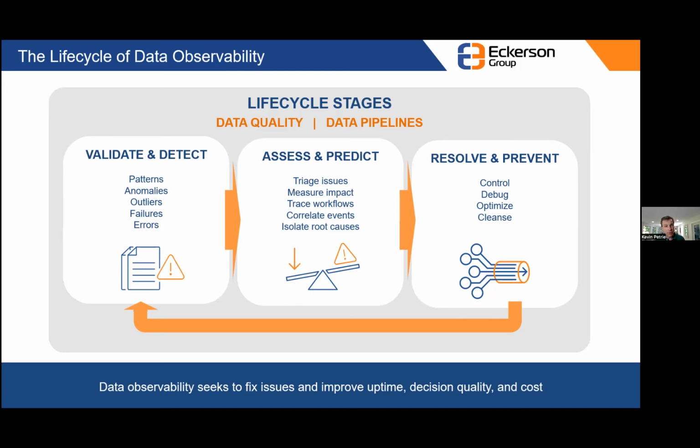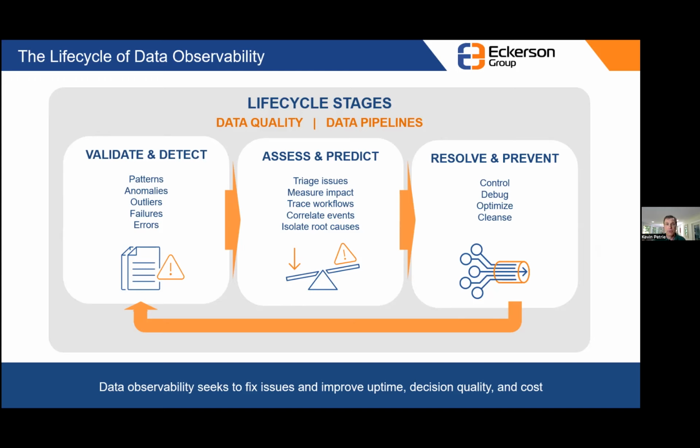They're also tracing workflows, so you can trace the chain of events that led up to an issue, starting to draw correlations between events that may or may not, on first blush, be related to one another. And through this, you can isolate root cause. So you can understand, why did I get null values in that column? You can understand, why did that pipeline fail to deliver the data that this machine learning model needs?